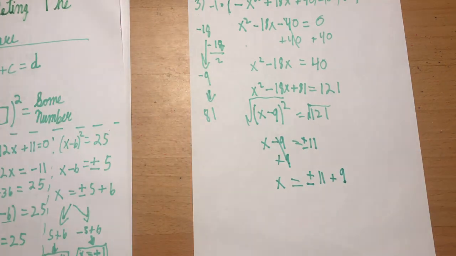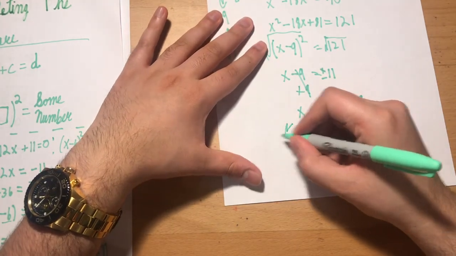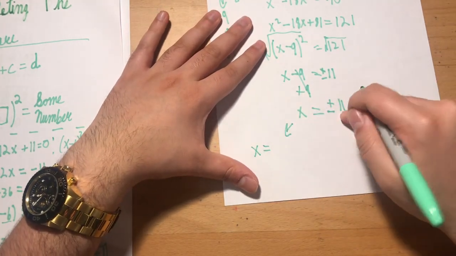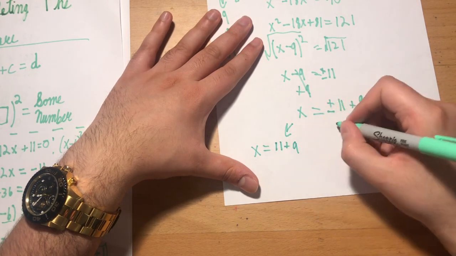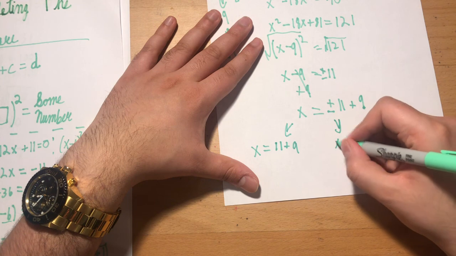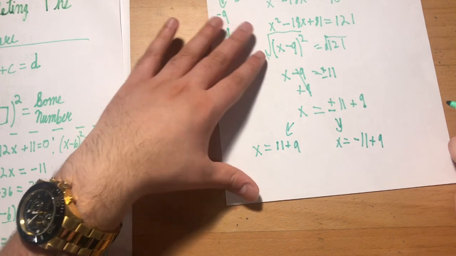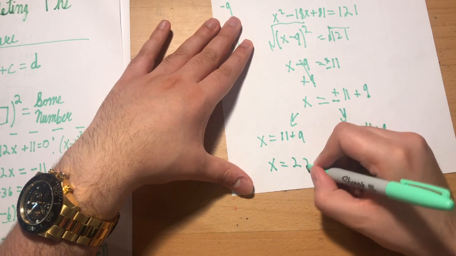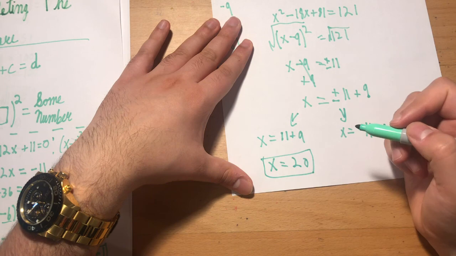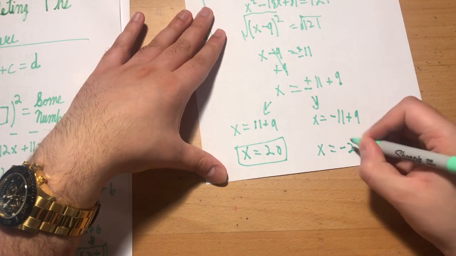Now, this is something we can obviously simplify, so we break it up into our two scenarios, right? We have x equals a positive 11 plus 9, and x equals negative 11 plus 9. So what are our two answers? Well, x can equal 20, and x can equal negative 2.